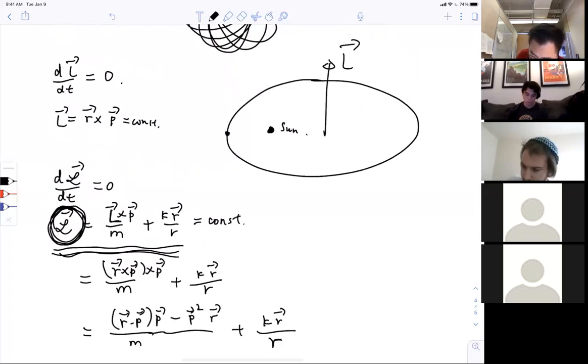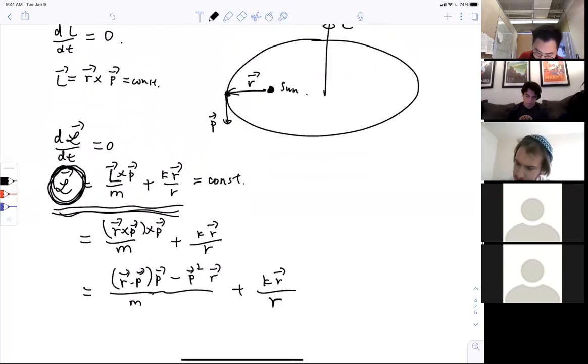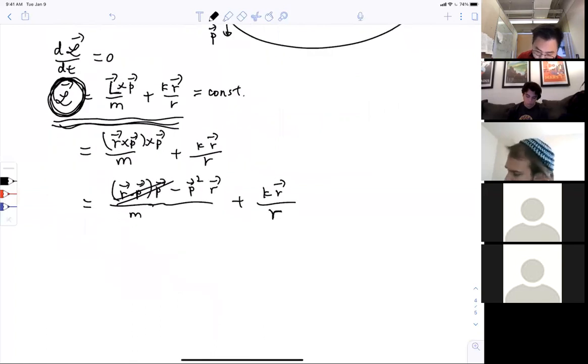Let's choose this point, because at this point R is perpendicular to P, so this term just goes away. So we have something proportional to R.